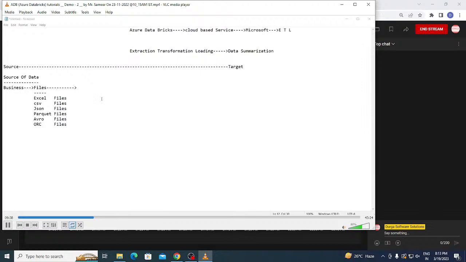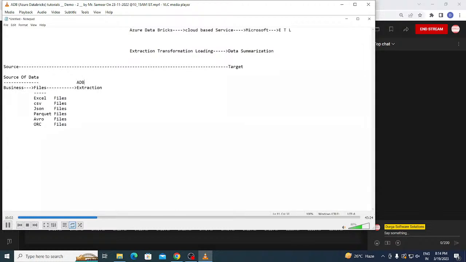Ultimately, we pull in the data by the process called extraction. This extraction is done by using ADB, that is Azure Databricks.